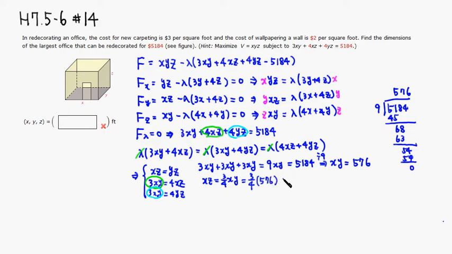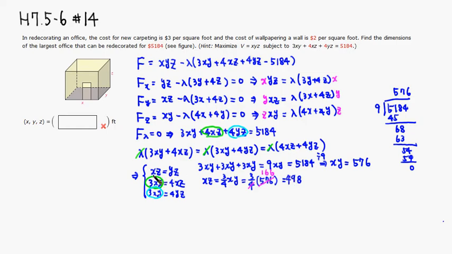So I have to divide by 4. The 4 cancels out, and you have 144. So you multiply by 3: 3 times 4 is 12, 3 times 4 is 12, and 3, so it's 432.